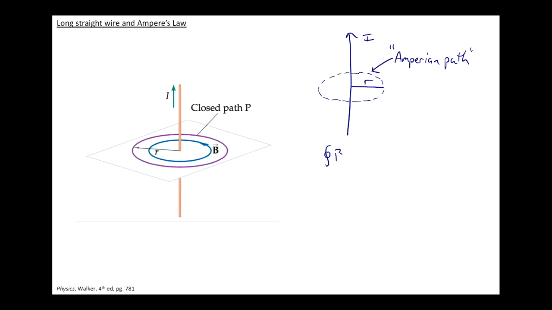So if we work our way through Ampere's law, and I like this because this is so ridiculously simple that we're almost done. You write the equation down and then all of a sudden it's just over. If the magnetic field is everywhere constant on the path, we can pull it out.